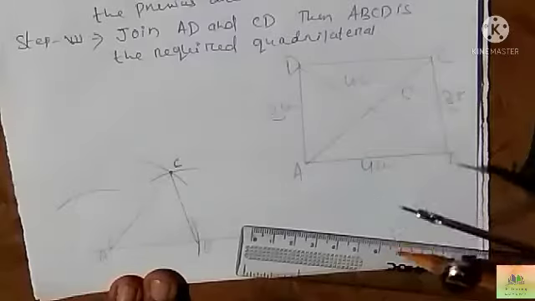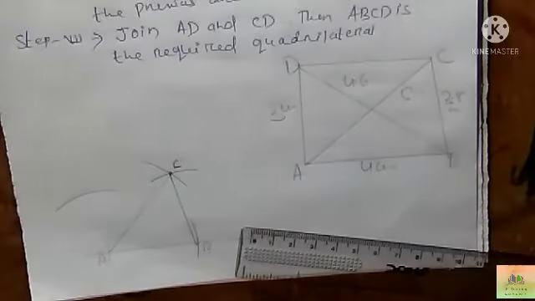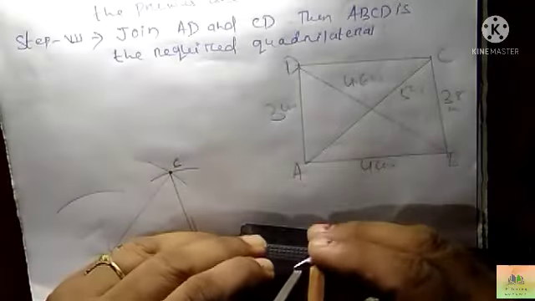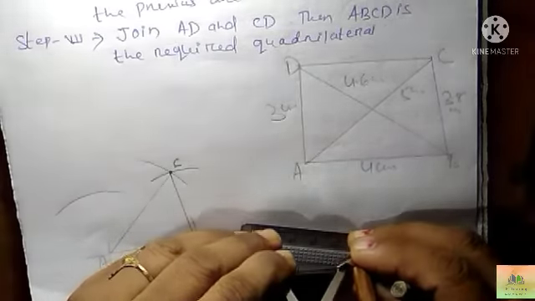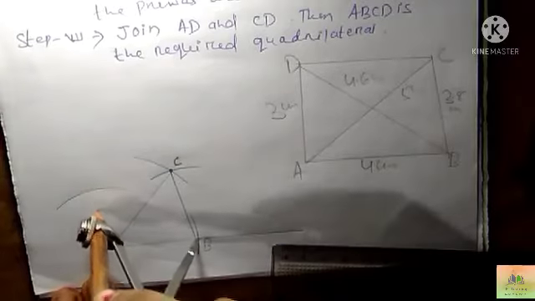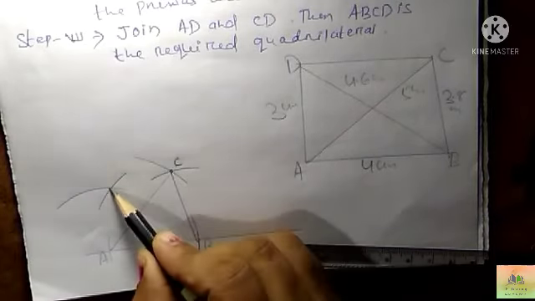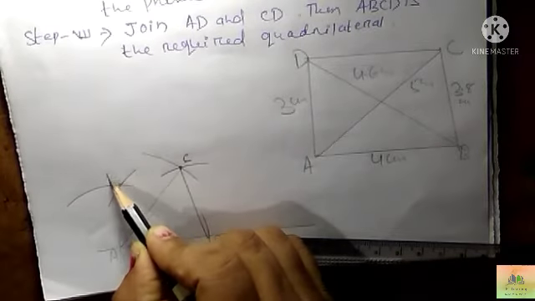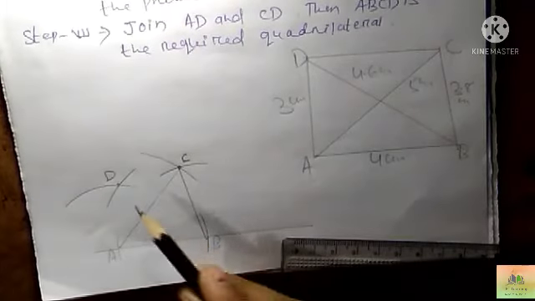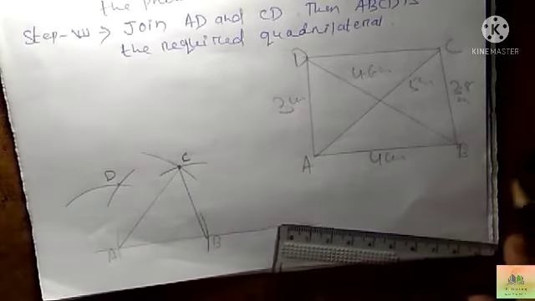So again with the center B we take 4.6 cm as the radius. We measure 4.6 cm and with B as the center, we draw another arc, both cutting at the point. This point is D.